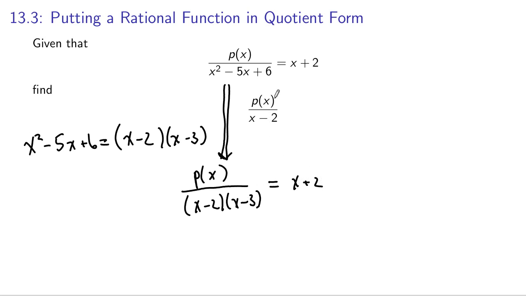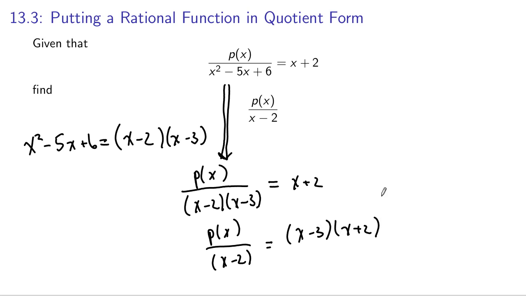Well, we're almost looking like what we need to find. If we just multiply both sides by x minus 3, I'll have an expression, p of x over x minus 2 equals, and we don't necessarily have to multiply this out, x minus 3 times x plus 2.